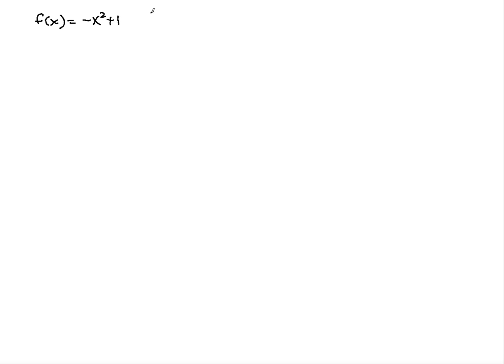You know that the domain is all real values, because the function will be defined for all values of x, be it negative x values, 0 values, or positive x values. In any case, this function is defined for all values of x.